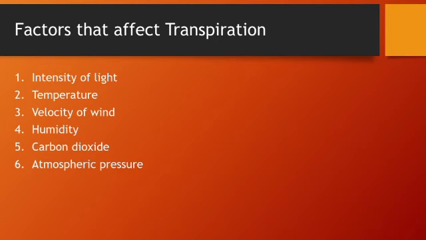You can relate atmospheric pressure with temperature. When temperature increases, pressure decreases, and the water vapor rises up in the atmosphere. So there is low humidity in the air, and transpiration will also increase.